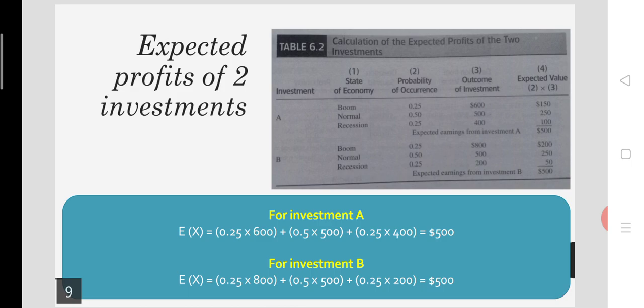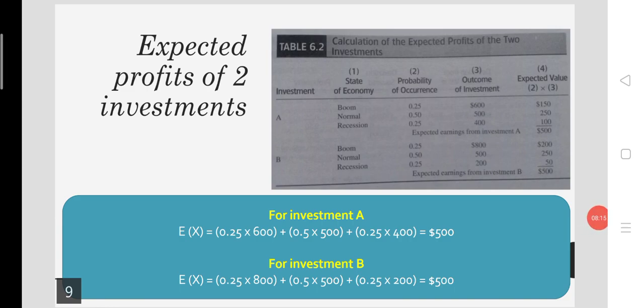Then the sum of expected values of all outcomes is 150 plus 250 plus 100, that is $500, the expected value from investment A. A similar way can be used to find the sum of expected values of investment project B.